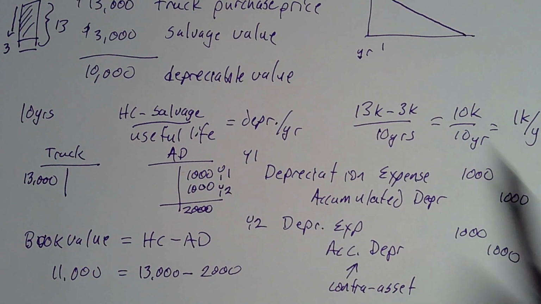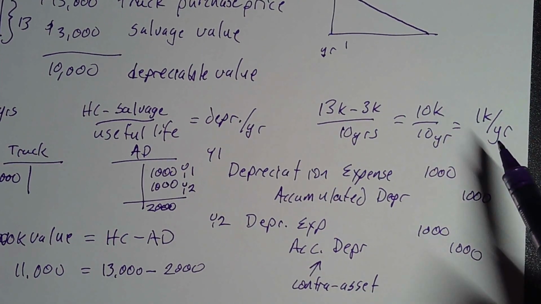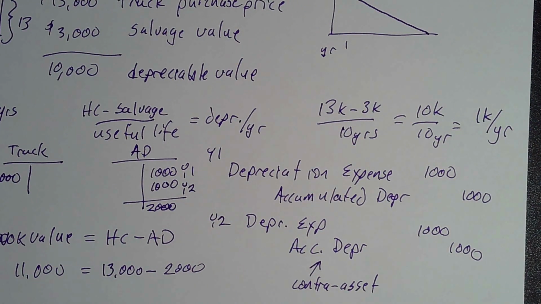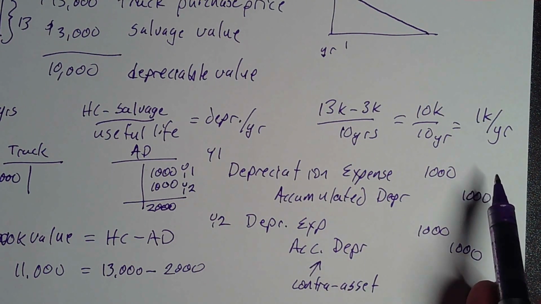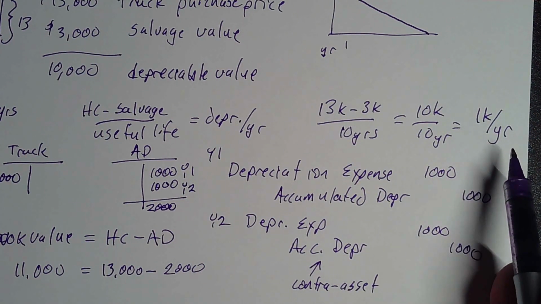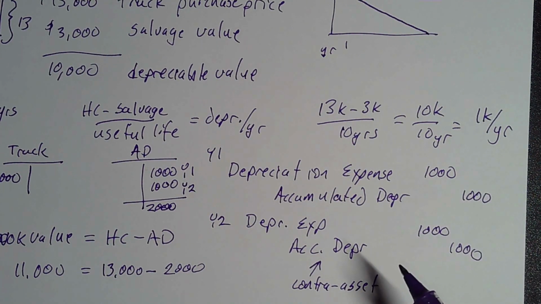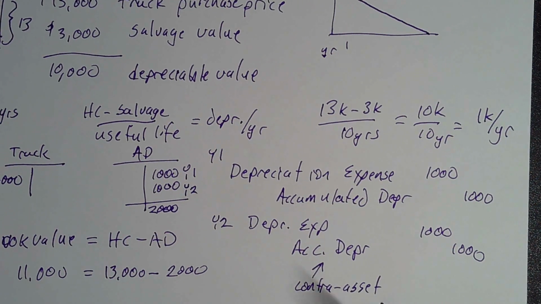Now, notice here that we've talked about this $1,000 a year. Well, we're basing it on this time frame of a year as if we purchased this truck on January 1st. If we purchased it on January 1st, we can depreciate it for a full year's worth of depreciation. But what if we didn't purchase this on January 1st? Well, we'll have to prorate it.